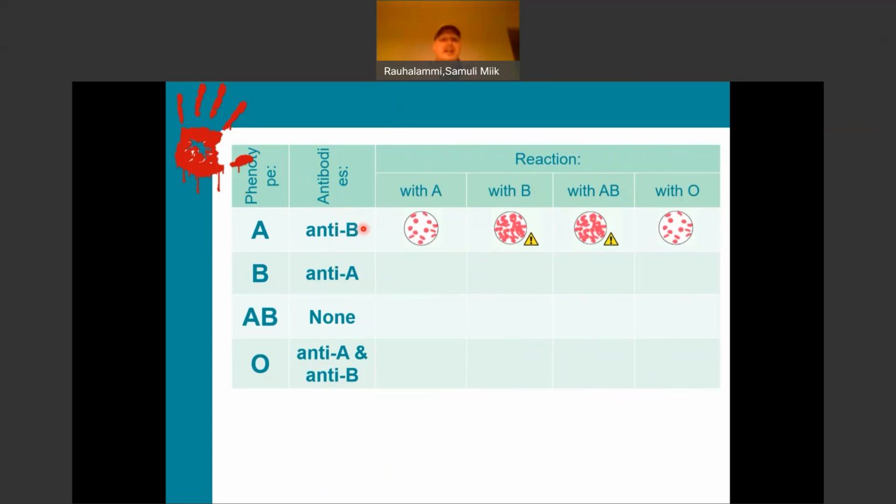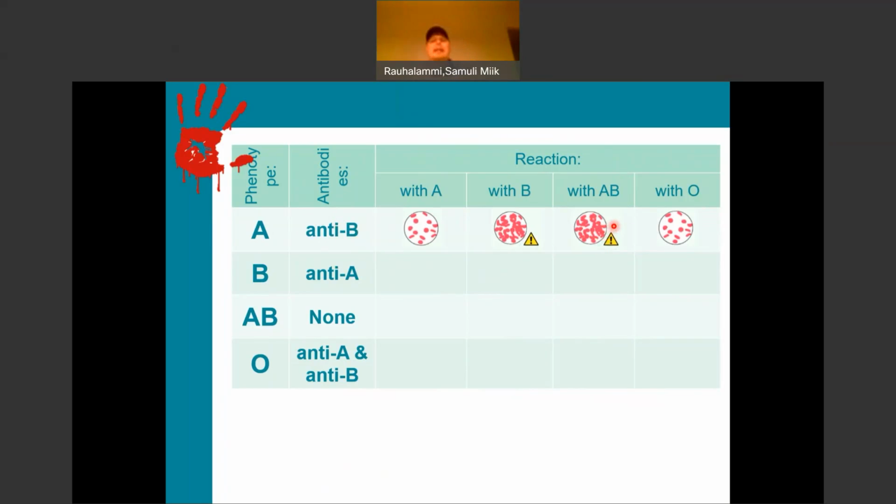And if they find it, they say that no, this is not part of me. This is an invader. This is a foreign thing in the body. We do not want that happening. And there will be an adverse reaction, agglutination of these two blood types. So not a good match.